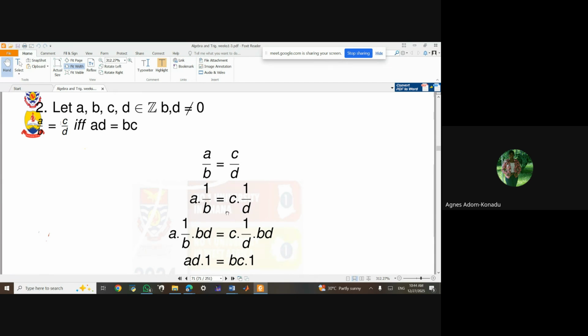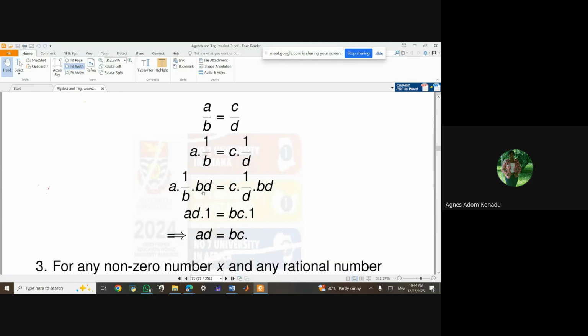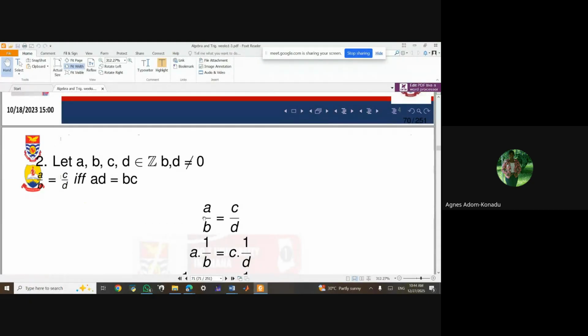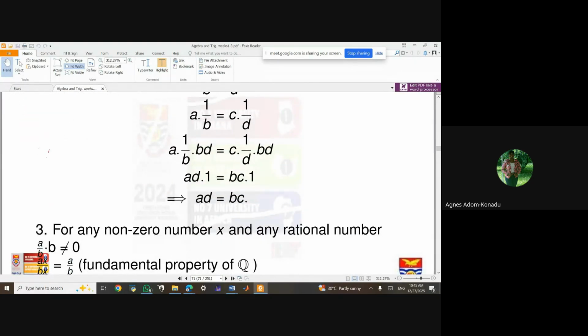So I multiply both sides by BD. Then B cancels B, so I have AD times 1 equal to BC times 1. And we know that a number times 1 is the number itself. So I have AD equal to BC. That is the proof that if A over B is equal to C over D, then AD is equal to BC.